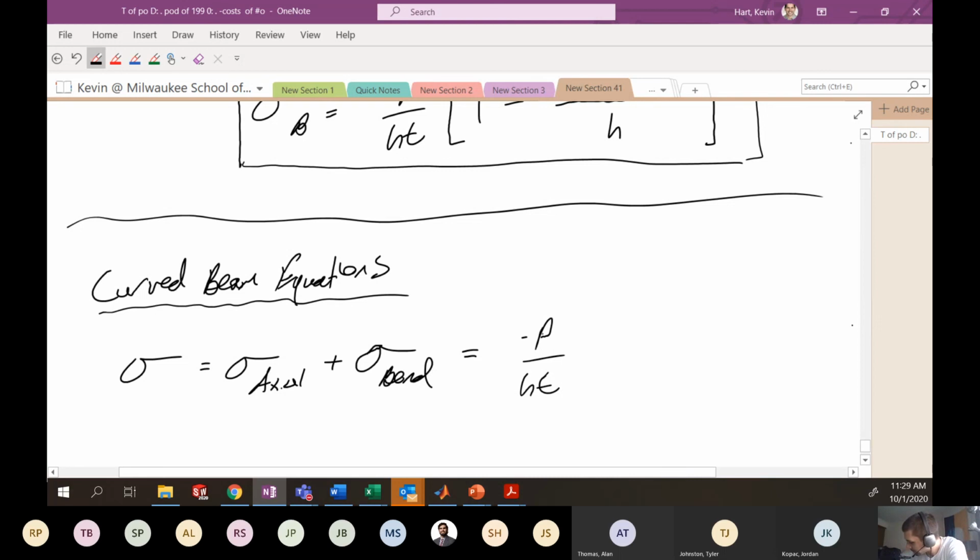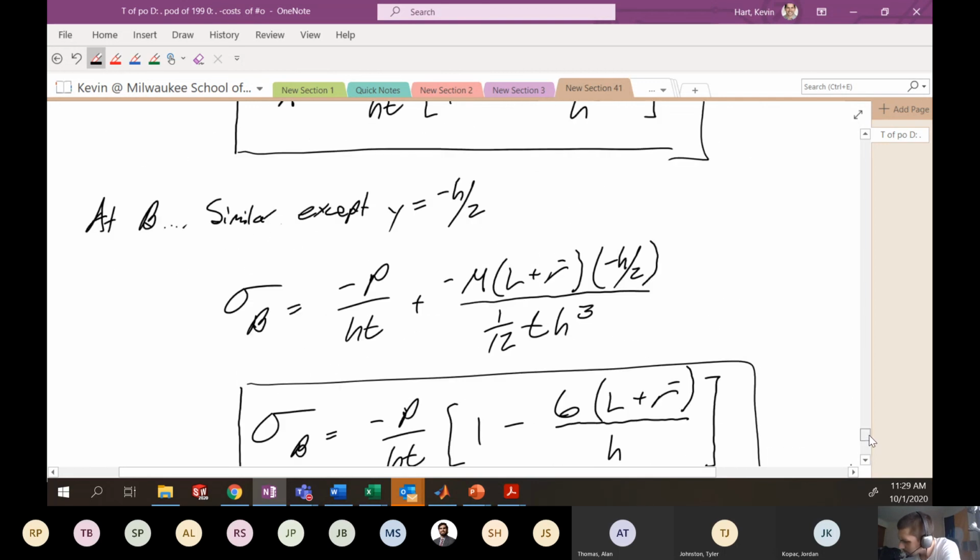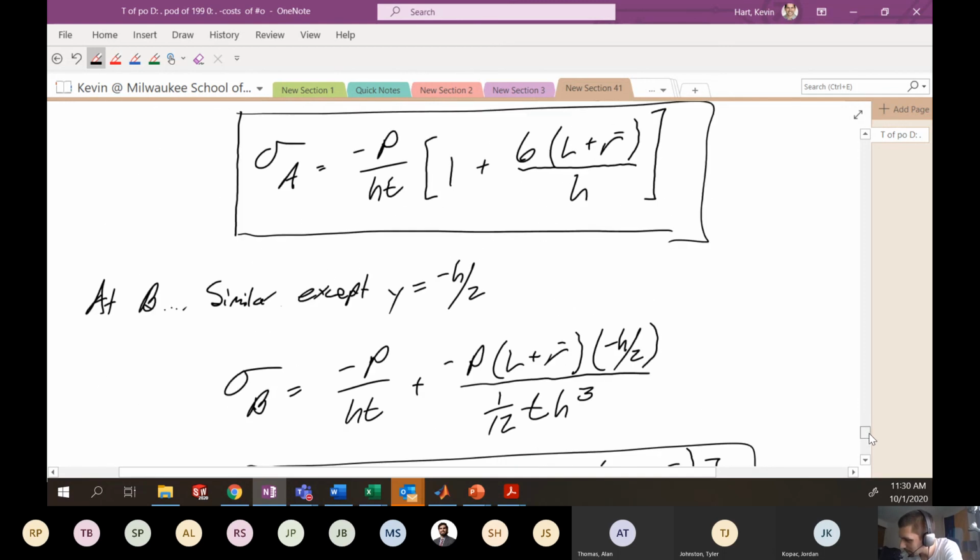And that new equation here is plus M times, oh, I'm sorry, I made a mistake up here. This should be not M, but P. It's the load times the moment arm that gives you the full moment. That's a mistake. Okay.